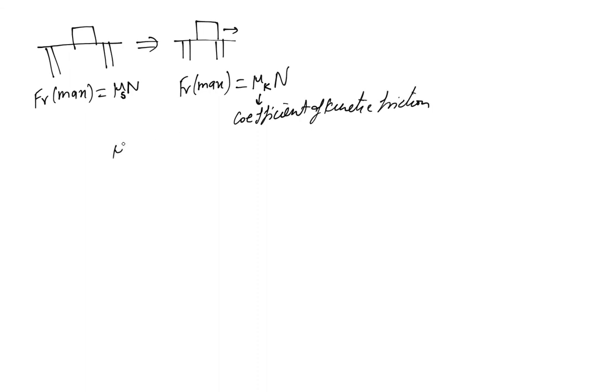And you will easily understand that mu s should be greater than mu k. Why? Because this force is greater than this force. So n is the same in both cases, but because of smoothness caused by the motion, friction has gone down, and so the only logical conclusion you can draw is that mu s should be greater than mu k.